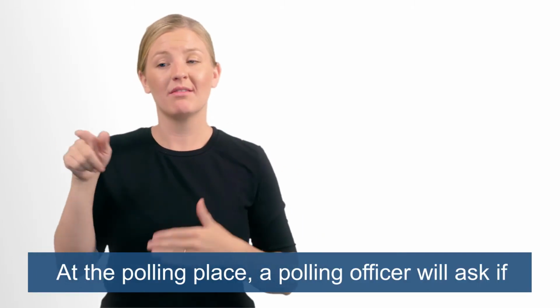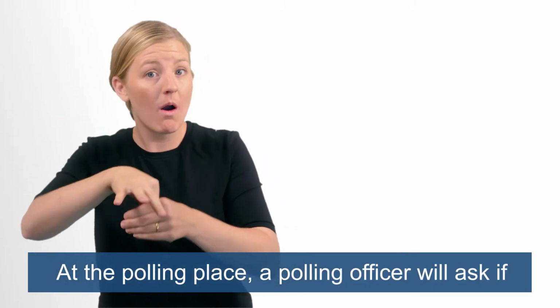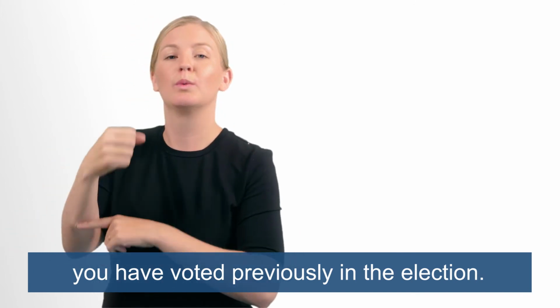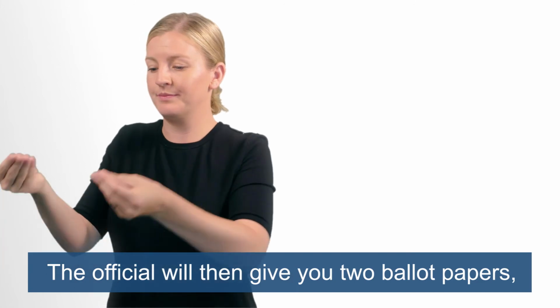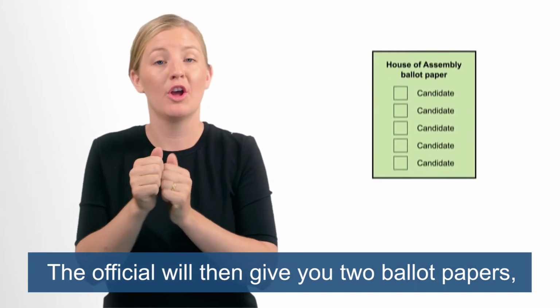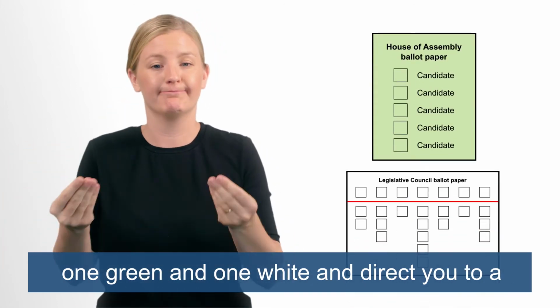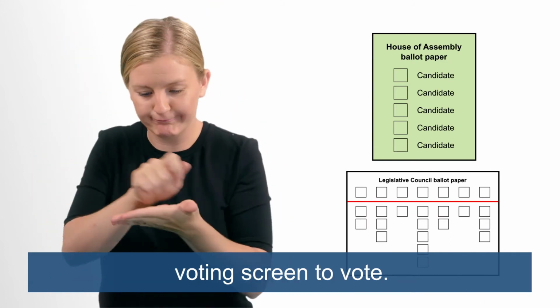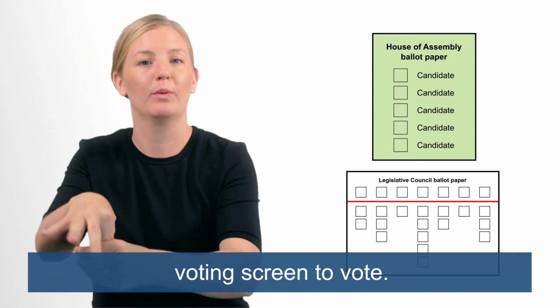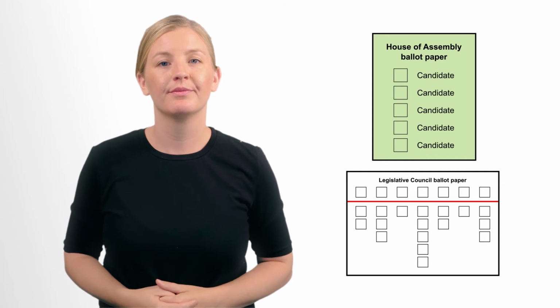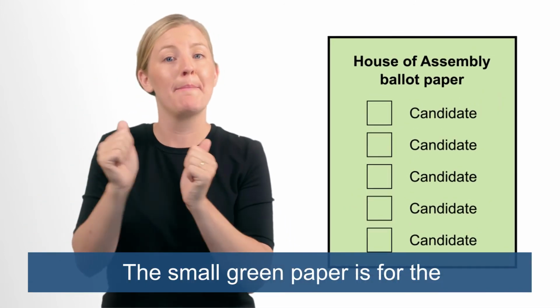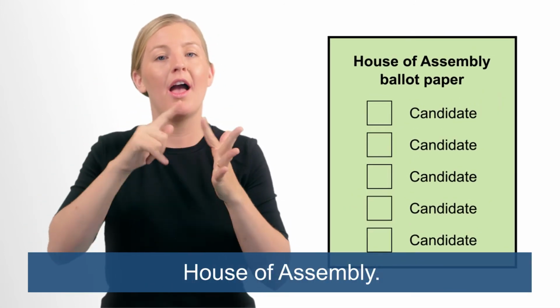At the polling place, a polling officer will ask if you have voted previously in the election. The official will then give you 2 ballot papers, one green and one white, and direct you to a voting screen to vote. The small green paper is for the House of Assembly.